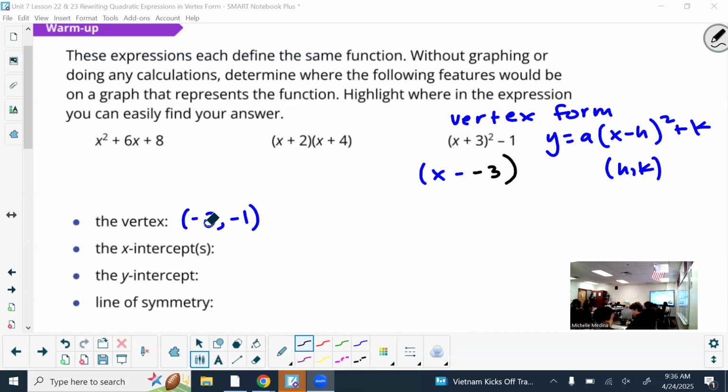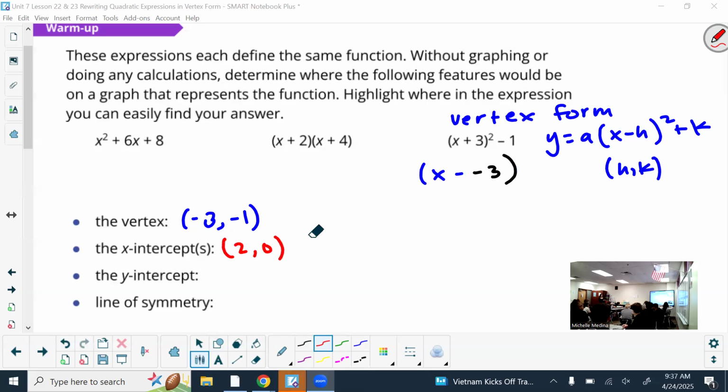Table 5, what about our x-intercepts? What are they? Can you tell me where on a graph I would find the x-intercepts? Okay, David? All right, let's see.